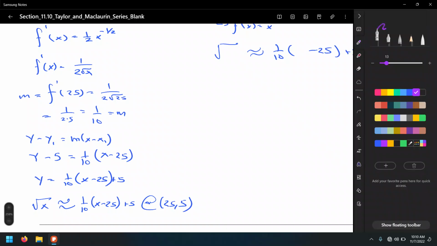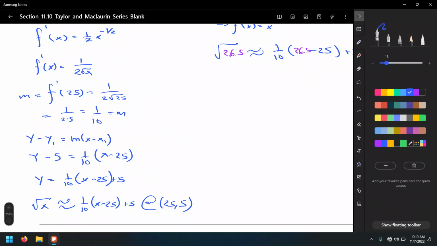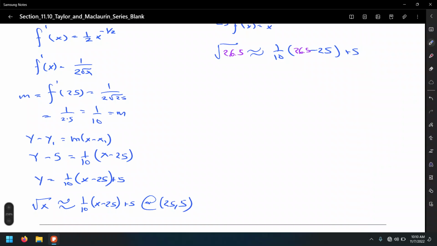So instead of evaluating the square root directly, we're going to use this linear approximation to estimate that value. 26.5 minus 25 is 1.5, times 1/10, plus 5.